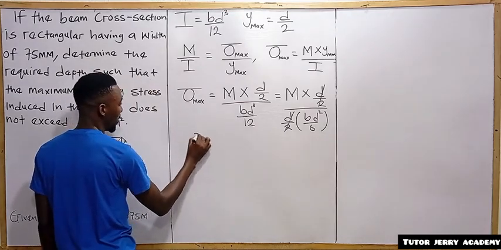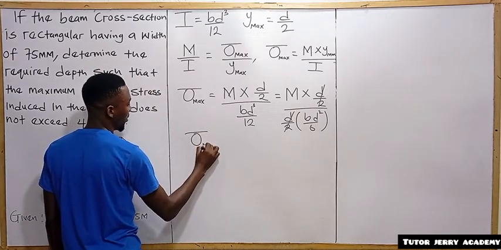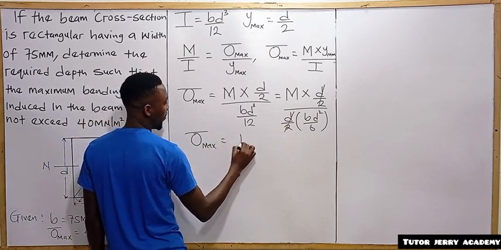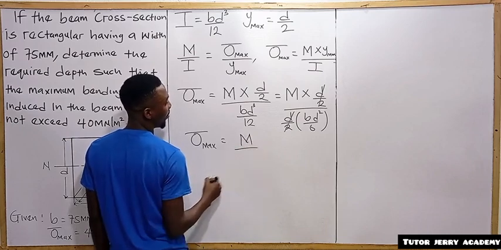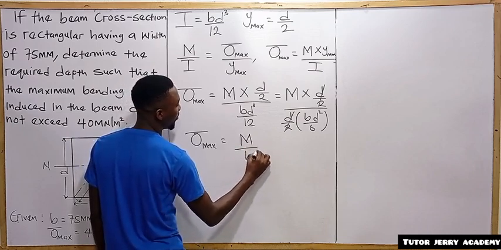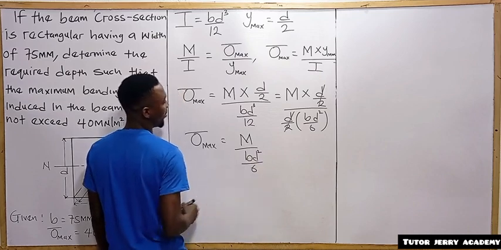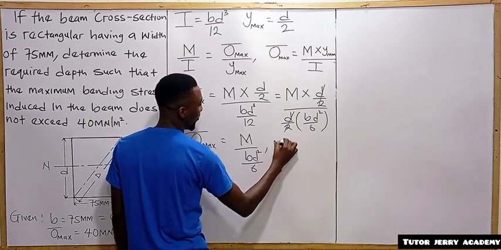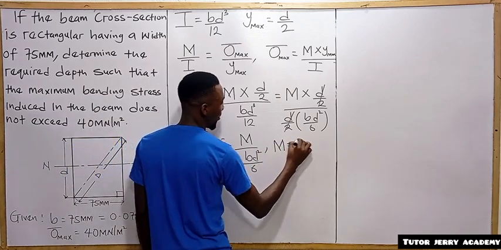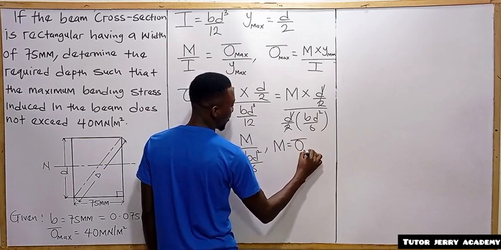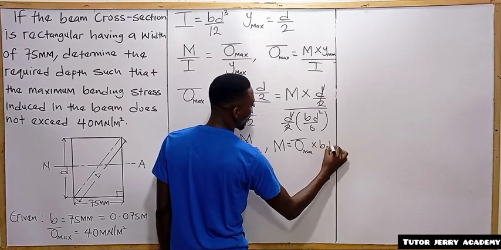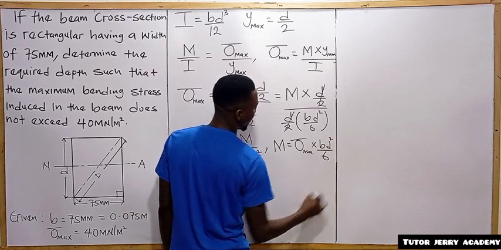Then our maximum stress will be equal to M over what? bd squared over 6. So if I cross multiply, it means that my M will be equal to maximum stress multiplied by bd squared over 6.